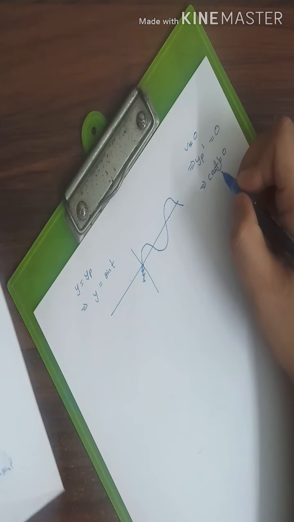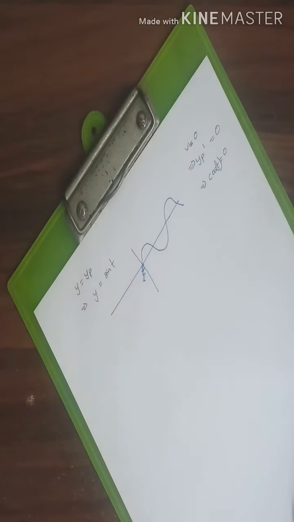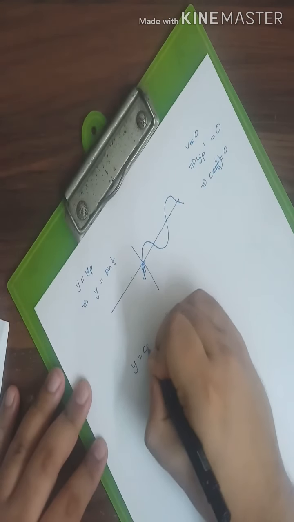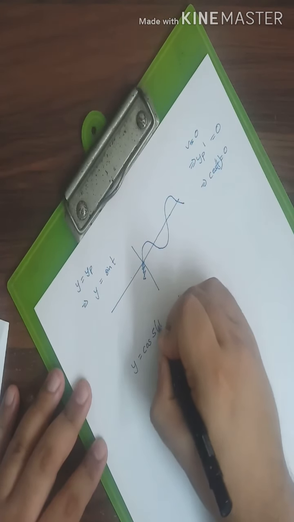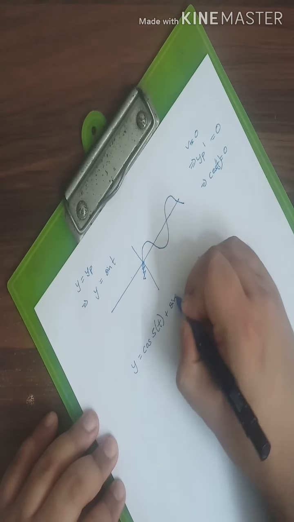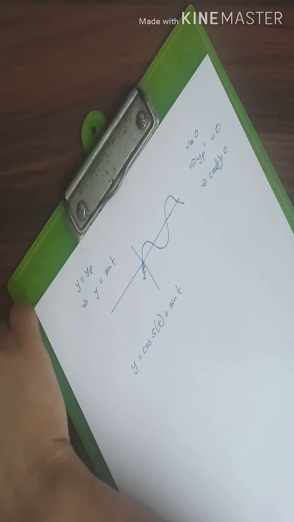The thing asked in the question is to sketch the graph of the solution curve, which is so difficult by hand. So what I'm going to do is take support of some software for this particular purpose. Our solution was y is equal to cos 5t plus sine t, and I have used Maxima to plot this particular graph right here.